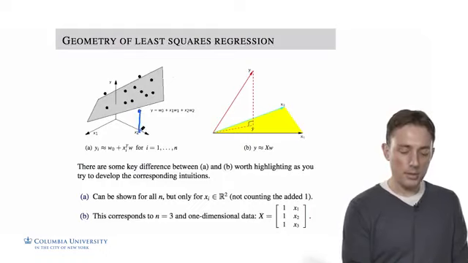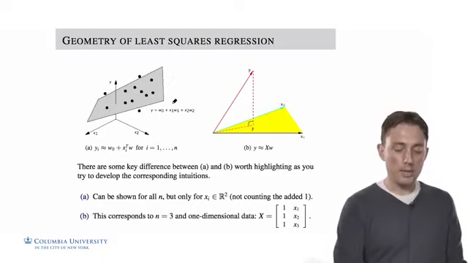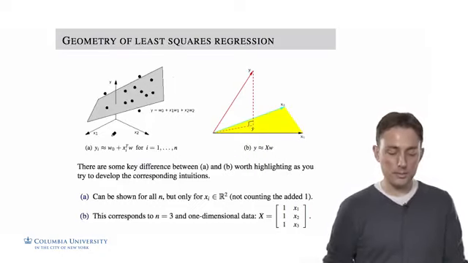So this is the input, say this point here, and then the output is that point there along this dimension y. And we're showing all of the points in this case, and we're representing the linear regression function as a hyperplane like this. So this is the function that's represented in this picture.